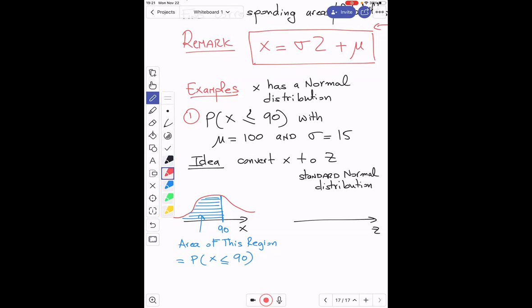I know that the mean is supposed to be 0 and sigma is 1. So the idea is to convert this 90, where x is 90, to z.